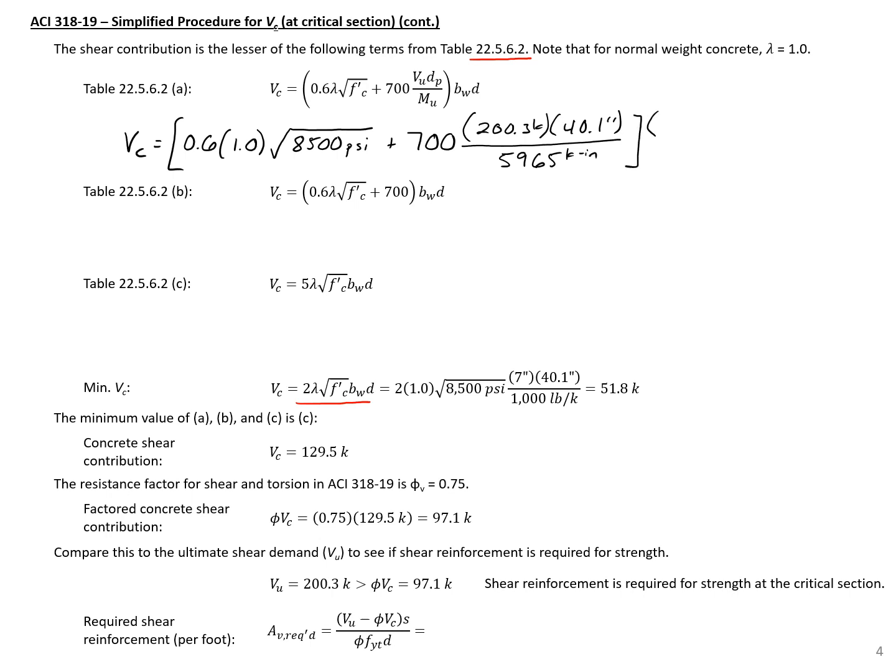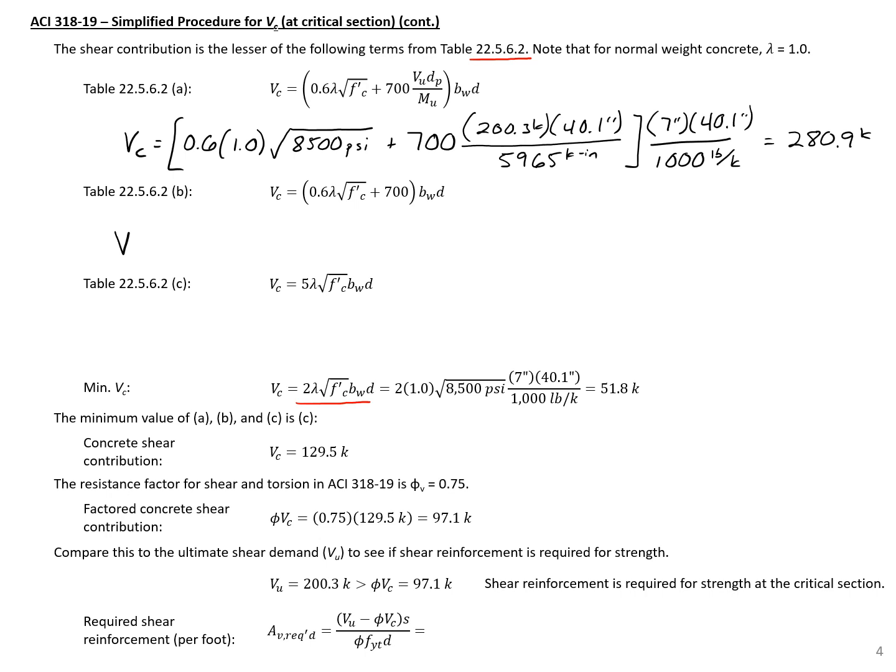We take all this times our bw 7 inches times 40.1 d, and then divide by 1,000 pounds per kip to give us units of kips, and we'll have 280.9 kips.